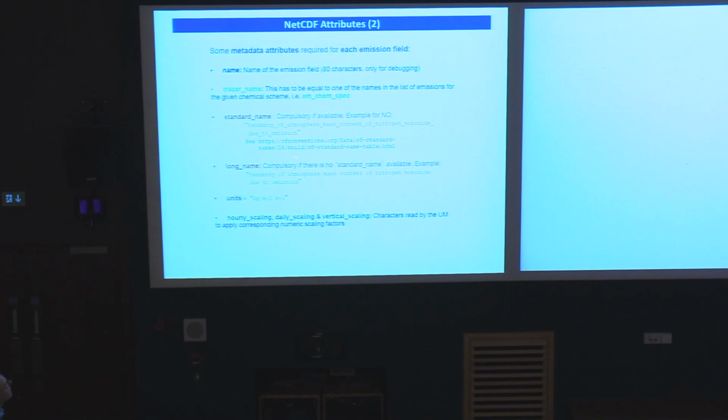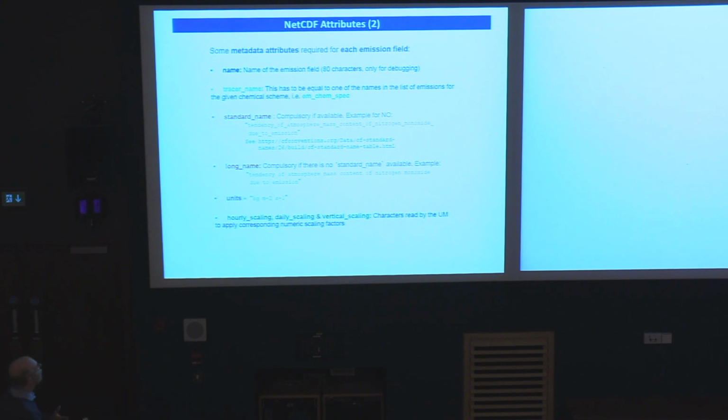A standard name, that is something that comes from the CF compliance. Standard names have been developed to facilitate easier exchange of NetCDF files. So if you provide an emissions file to someone else, for instance, if there's a model intercomparison project and every participating modeling group is supposed to send their data in, then if they all provide CF compliant NetCDF files, the standard name for the same kind of data should be the same.